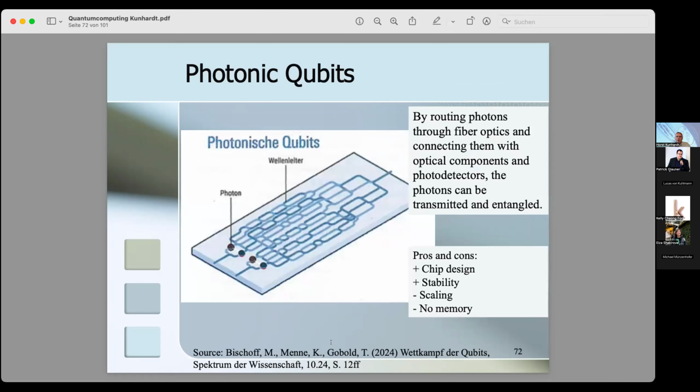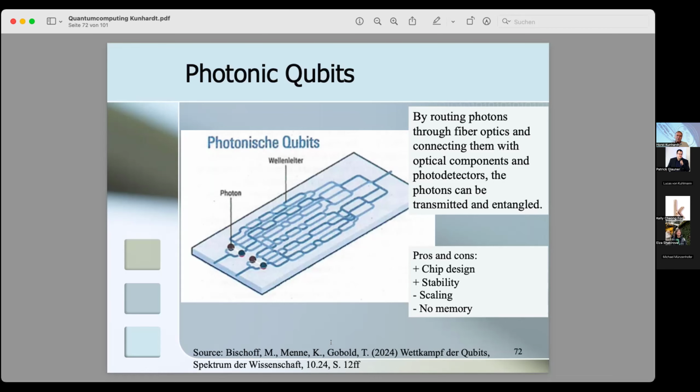The photonic qubits are routing photons through fiber optic connections and connecting them with optical components and photodetectors, a technology that is used widely in networking and many other applications.